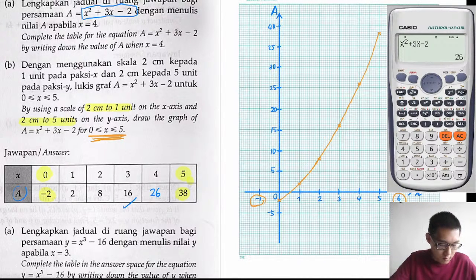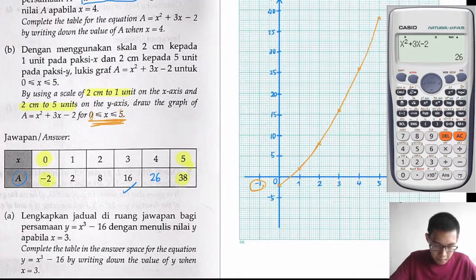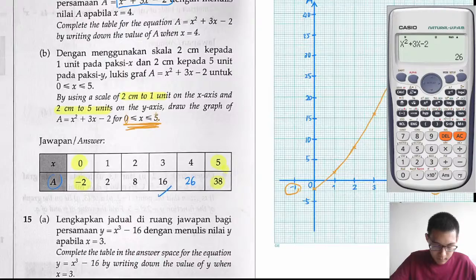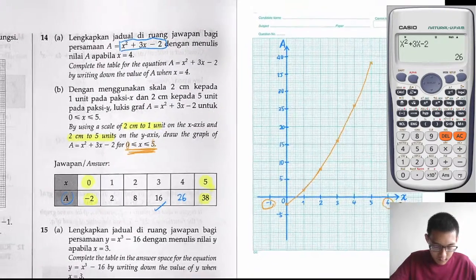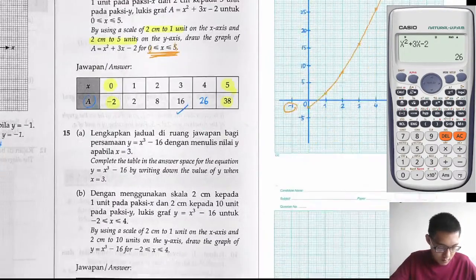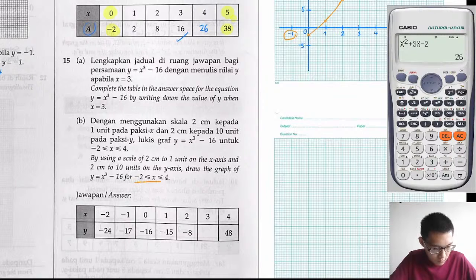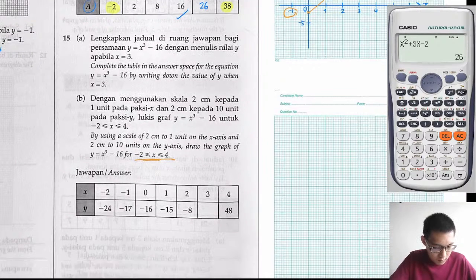The object is between 0 until 5. Can put right here. So the next one is -2 until 4. Okay, we try to draw.